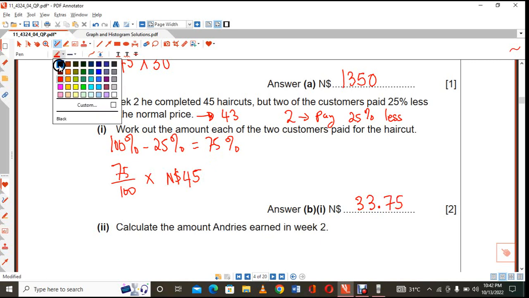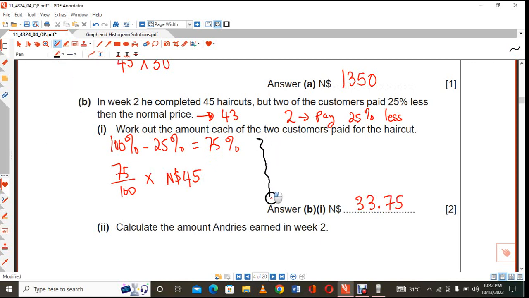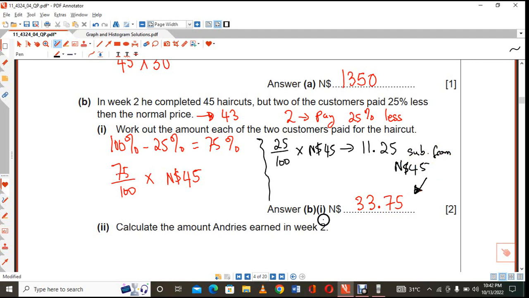Ideally, you can also find 25% of $45, and that gives you something like $11.75, and then you subtract this from 45 in order to find the same answer as that one there.